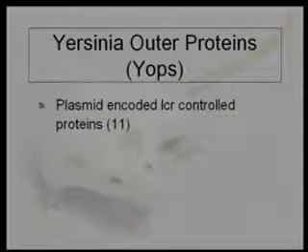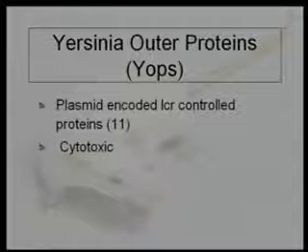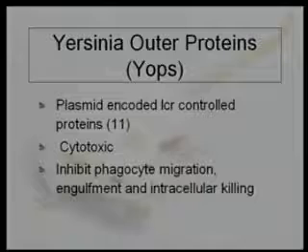Yersinia outer proteins, I'm not going to expect you to memorize all 11 of them. Just remember that they are responsible for cytotoxicity. In other words, infected cells get killed, and the organisms come out and infect other cells. They inhibit phagocyte migration, engulfment, and intracellular killing.